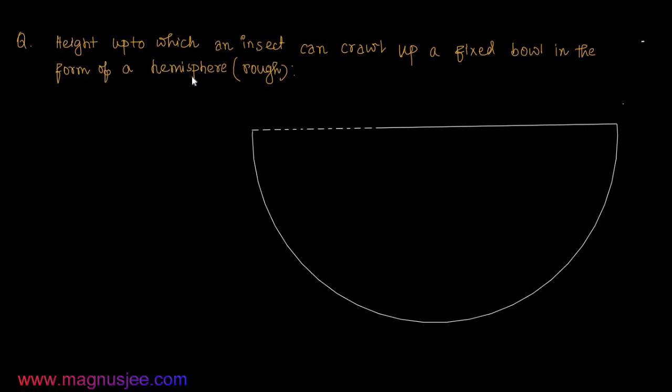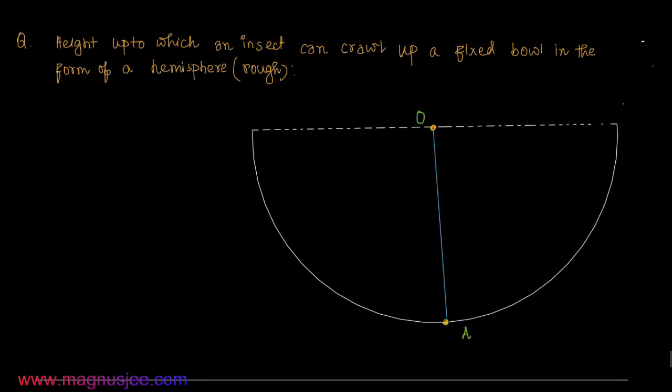So this is a hemispherical surface or hemispherical bowl. O is the center of this hemispherical bowl, and we can draw a vertical radius. OA is the radius of the hemispherical bowl.